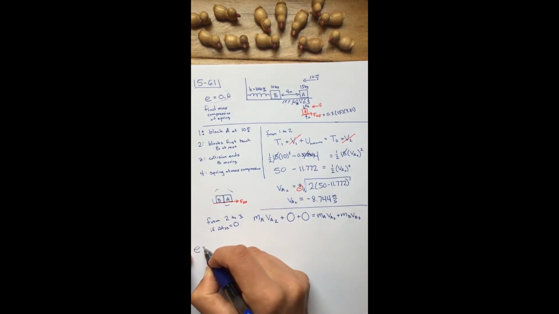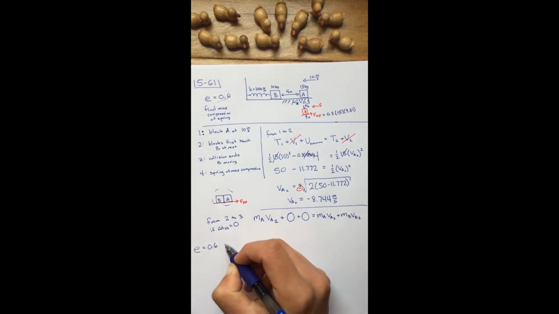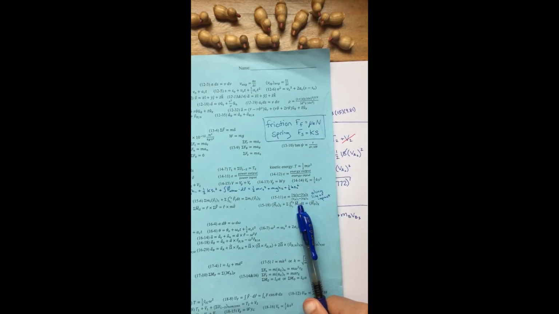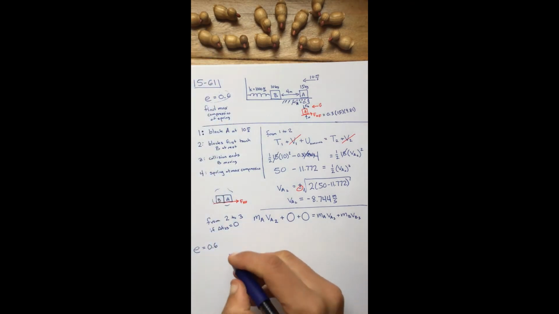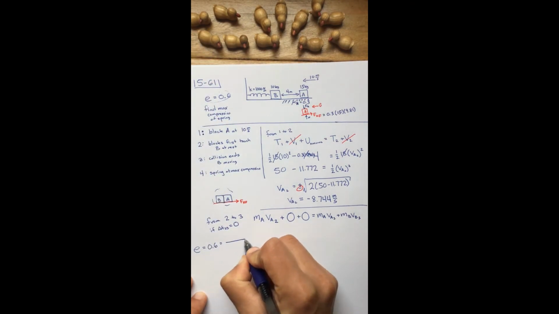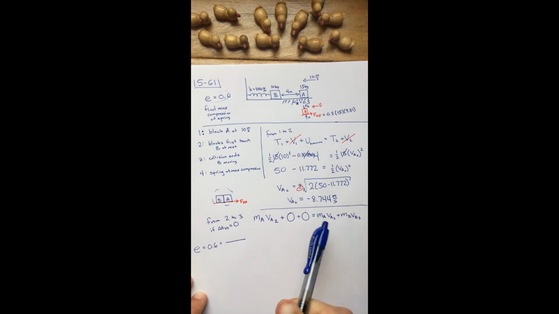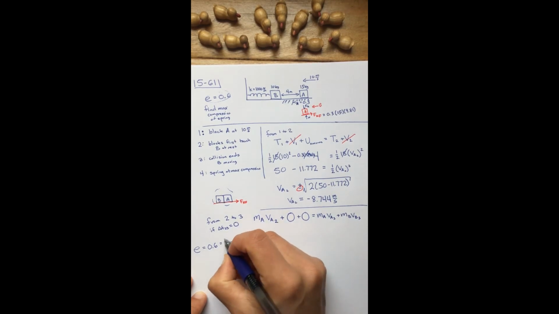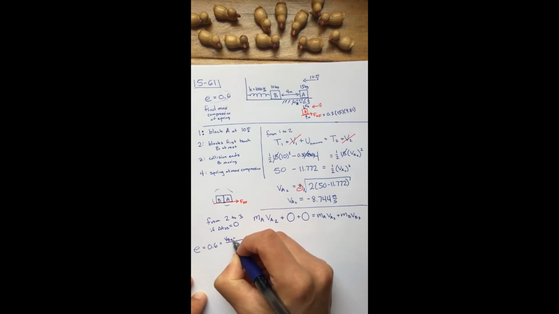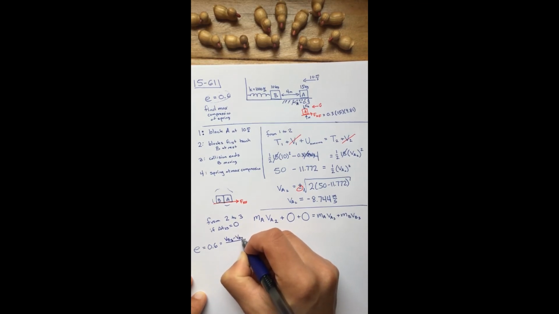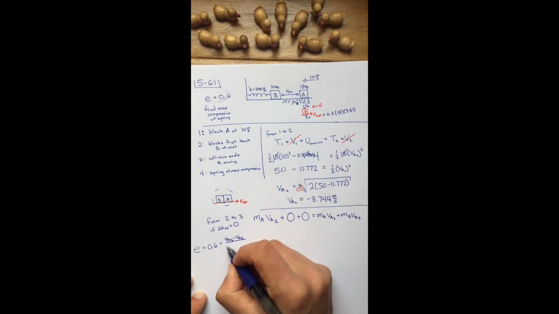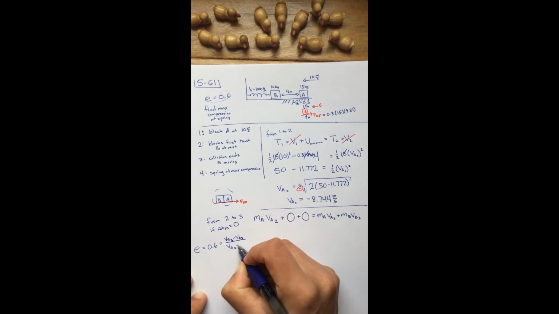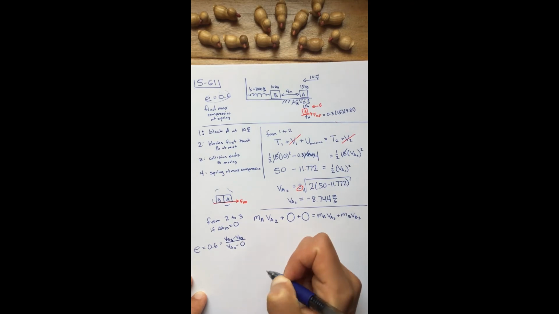So we have e equal to 0.6. By equation 15-11, we can write down this is equal to the difference in the final velocities, where here my final velocities are VA3 and VB3. And if we put VB3 first in the numerator, then it comes second in the denominator. So in the denominator, it's the difference of the initial velocities, which is VA2 minus VB2, but VB2 is equal to 0.